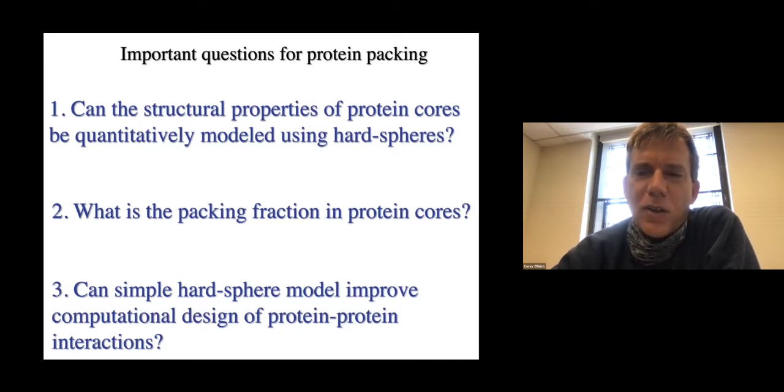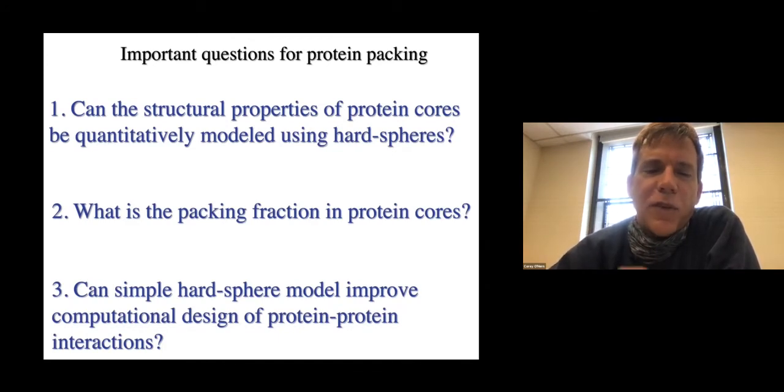And that force field is just going to be whether the atoms overlap or not. If you can just say, well, I can predict protein structure by knowing whether atoms overlap or not, then they do have a physical size, and you can ask, well, what is the packing fraction of a core? And how does it compare to other materials that we see in, say, physical systems?